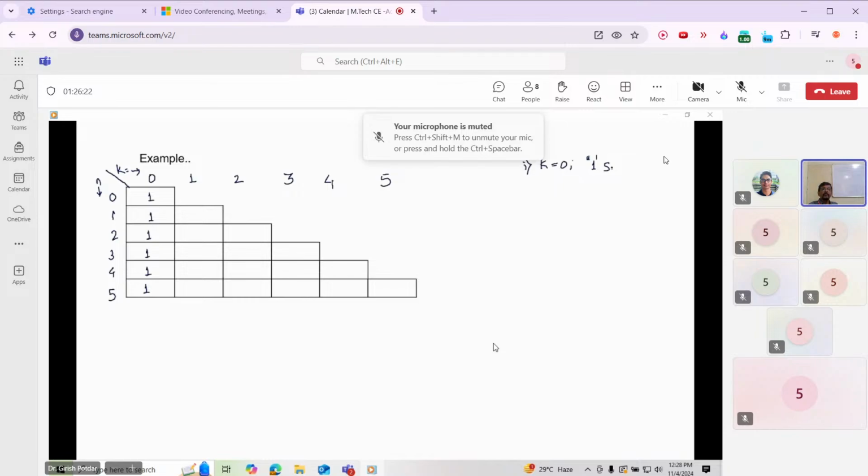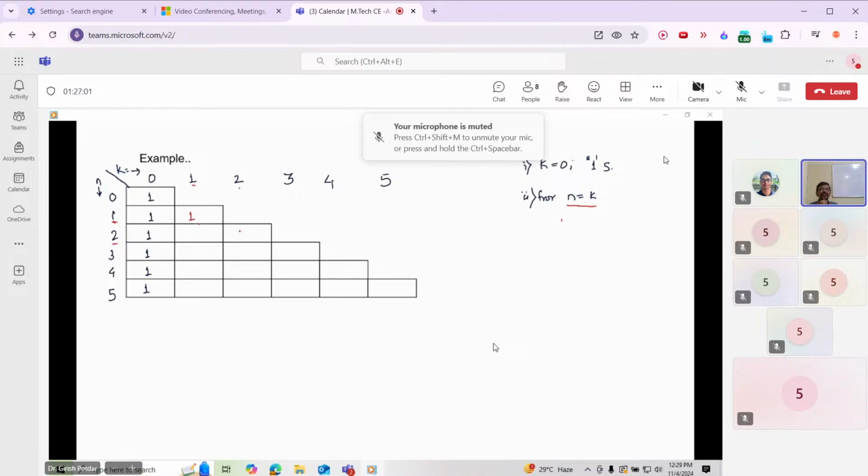Now the second thing is the base condition. For n equal to k, we are going to have the value 1 only. So all the diagonal elements, that is 1,1, 2,2, 3,3, 4,4, 5,5, are all going to be 1s. 0,0 is already made 1. For n is 1, k is 1, that is also 1.